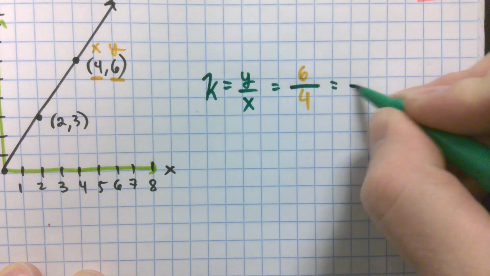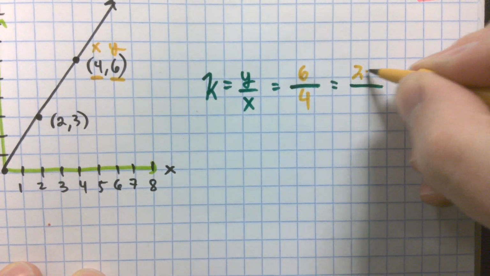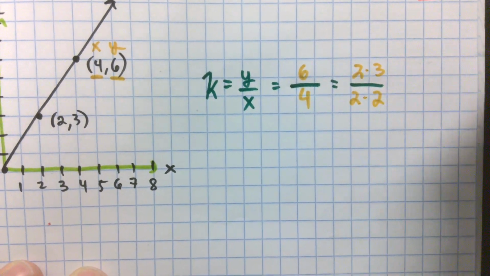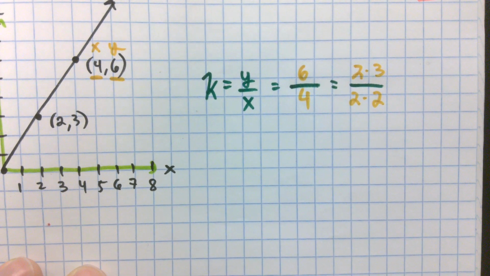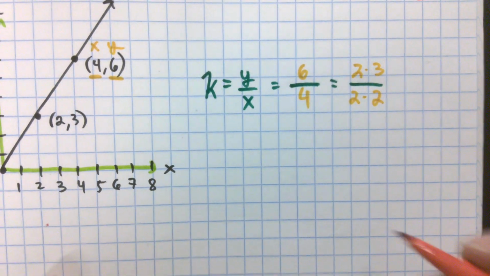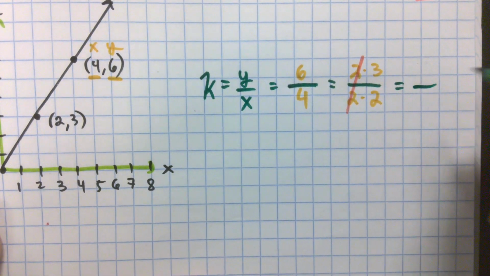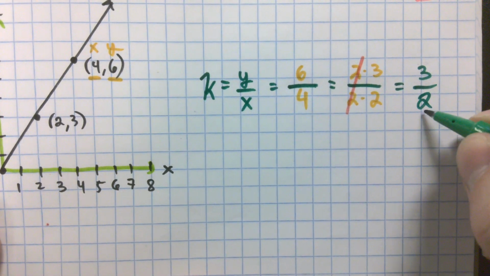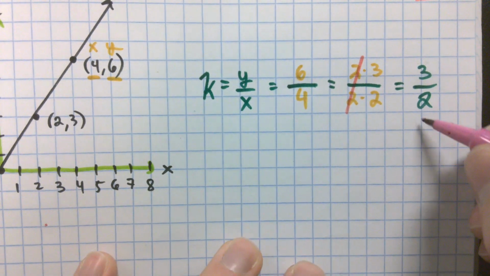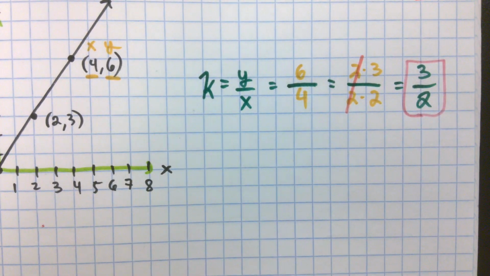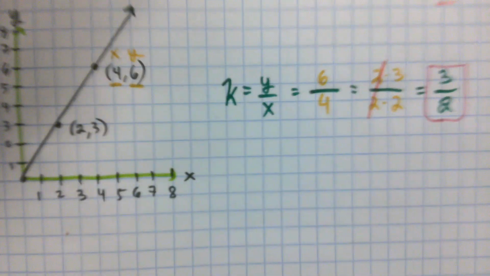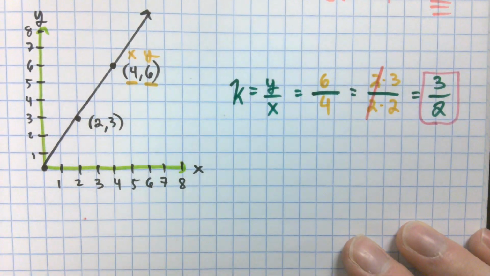If we remember, 6 is just 2 times 3. 4 is 2 times 2. What can we cancel from the top and bottom there? 2. The 2's. And that leaves us with an answer of 3 over 2. That is my constant of proportionality from this graph.